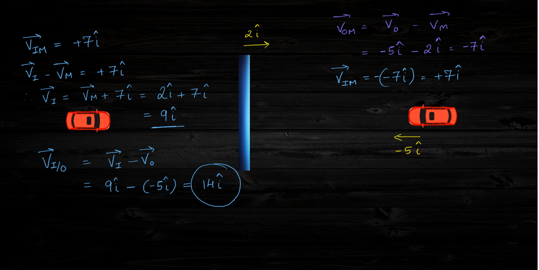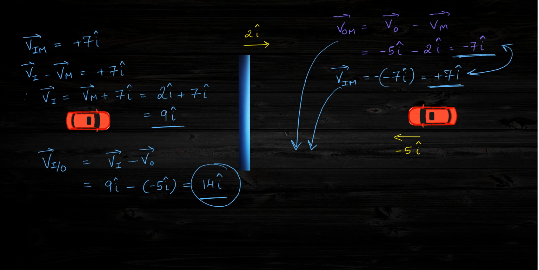We already know that velocity of image with respect to mirror is plus 7 I cap, and thus we also know that velocity of object with respect to mirror is minus 7 I cap. So if we just understand this, then we could have utilized these two equations to easily find out this answer. We just have to essentially double it in magnitude.